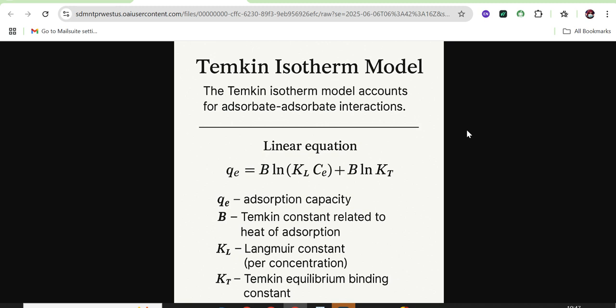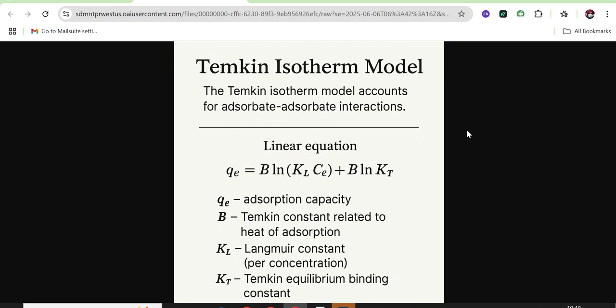So what is the Temkin isotherm model about? This model basically informs us about the interactions that take place between adsorbate and adsorbent. Adsorbate is the species which has to be adsorbed, which has to be removed from solution or any other media, while the adsorbent is the material or the surface on which adsorption has to take place.